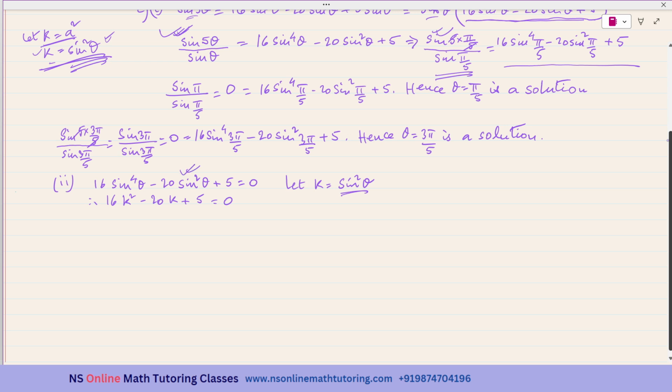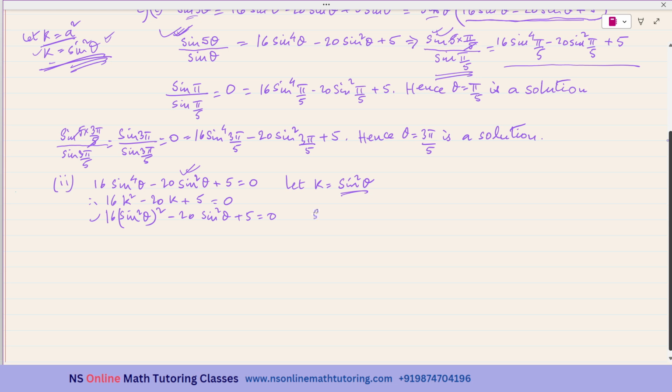If I take this one, like if I write this 16 sine to the power of 4 theta, in place of k I am writing sine square theta whole square minus 20 sine square theta. I am taking sine square theta as the variable. Then now it is a quadratic equation, therefore I'll be having 2 roots. And what will be the 2 roots of this quadratic equation? I know theta equal to pi over 5 and theta equal to 3 pi over 5 are the two solutions.